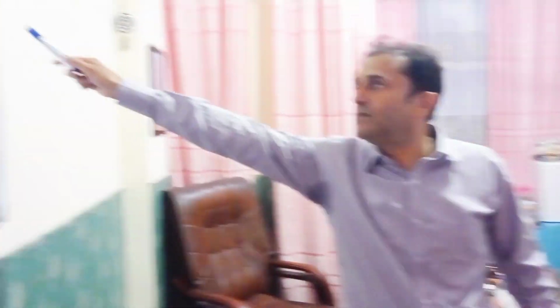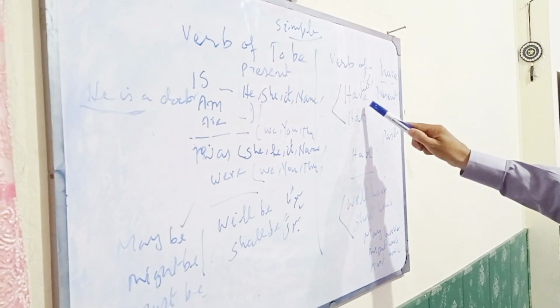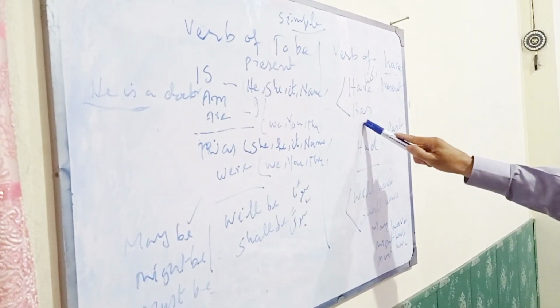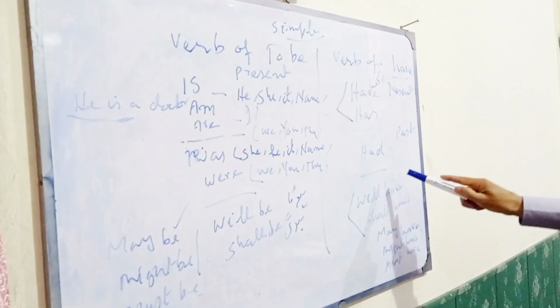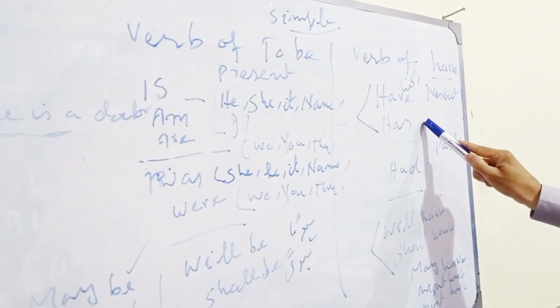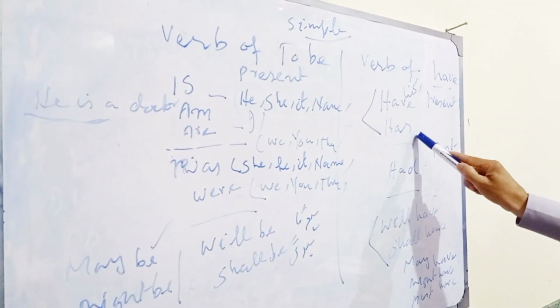And next is verb of have and has. Have stands for plural subject, and has stands for singular subject. This is your present perfect tense, but now you are making only simple sentences without main verb. And had is past perfect. It is being used for remote past. The next is will have and shall have. It's for future. And you can also use may have, might have, and must have.